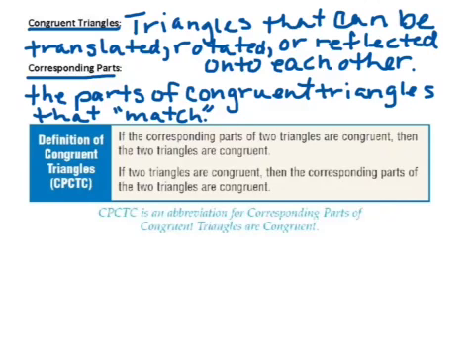Now let's look at the formal definition of congruent triangles, which we will refer to as CPCTC. This definition states, if the corresponding parts of two triangles are congruent, then the two triangles are congruent.